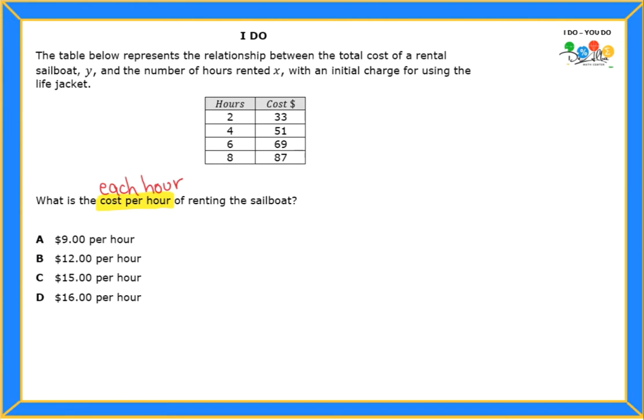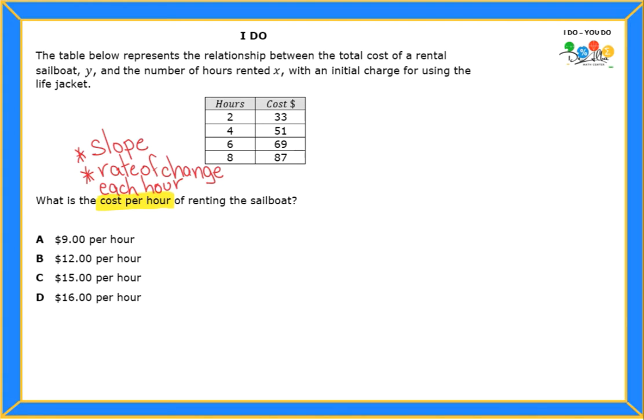Okay. So if I want to find how much I am going to pay for each hour, then I can think about rate of change for that. And rate of change is the same as finding slope. Very good. So these two are the same, right? Okay.